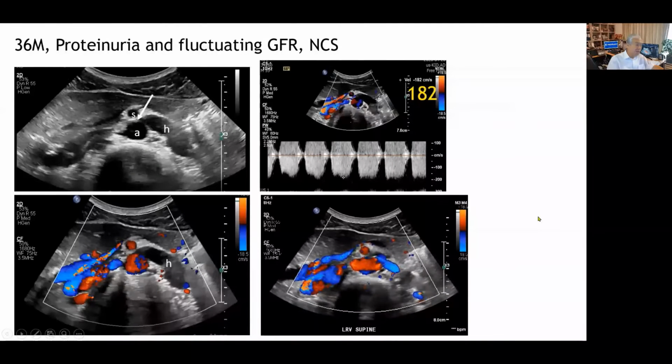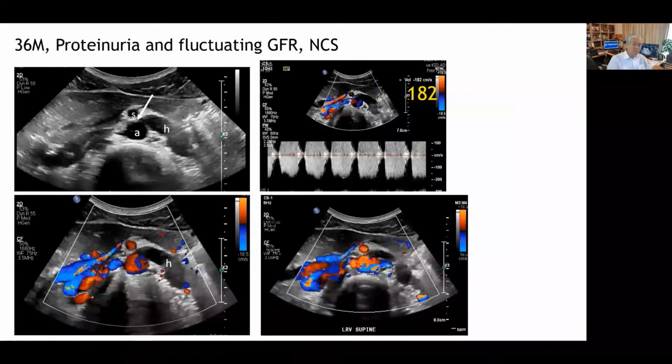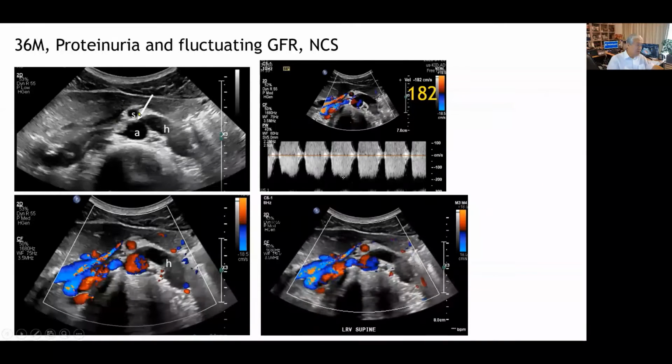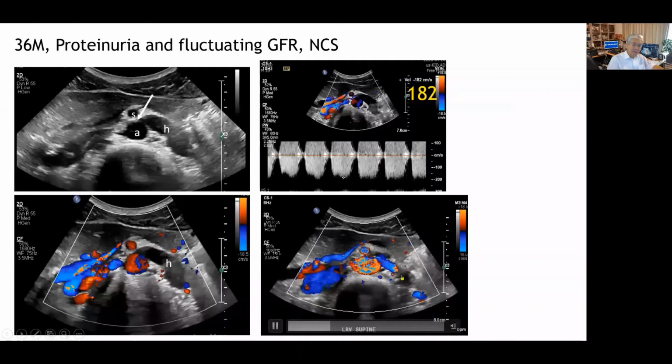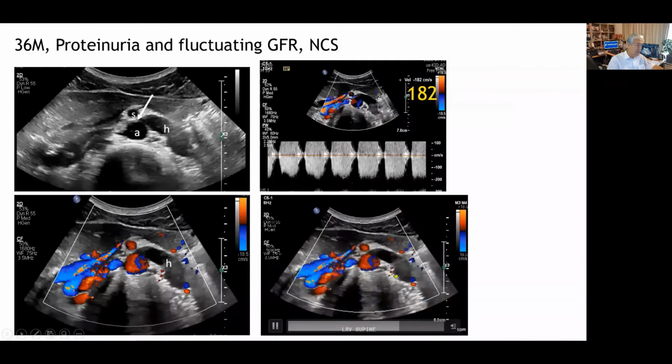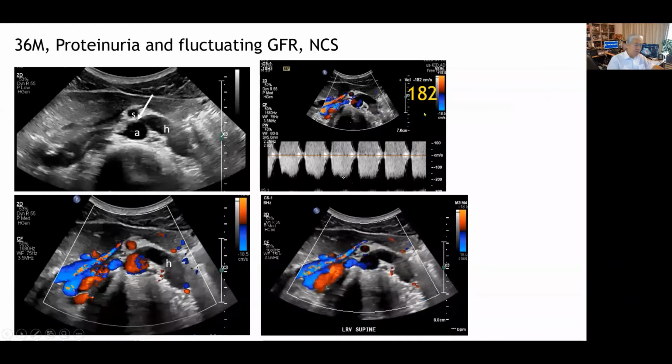A 36-year-old man with proteinuria and fluctuating glomerular filtration rate due to severe nutcracker syndrome. The aortomesenteric left renal vein is tightly compressed between the two arteries, and the absent flow signals in the dilated hilar left renal vein indicate stagnant flow, with the peak flow velocity of 182 centimeters per second.